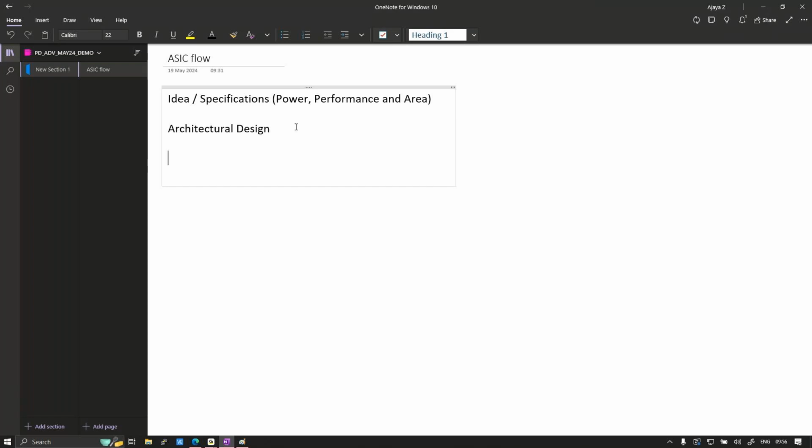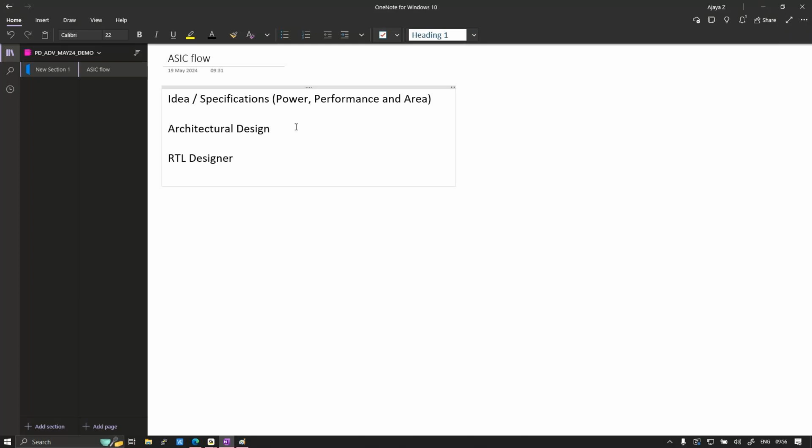Now, after this architectural design, I got to know what all blocks I have. That means what all programs I have to write, I have got an idea. Where I should place it, I have an idea. Now the next step goes to the RTL designer. This is the person who is going to convert that particular specification, and for that particular block all the requirements will be provided by this architectural design.